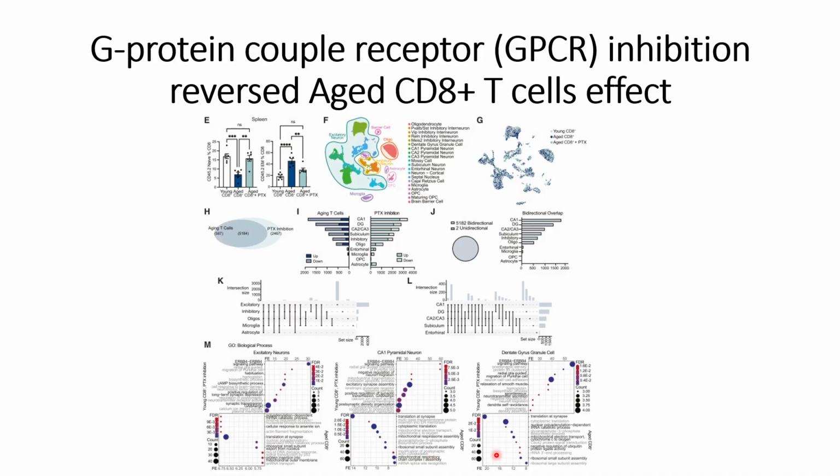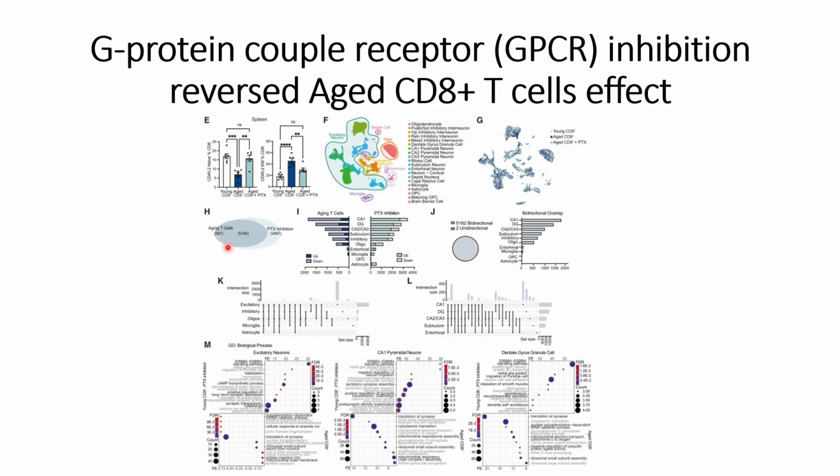And this shows that in terms of the pathways also, the G protein coupled receptors have a role, and by inhibiting the G protein coupled receptors, they are able to recover or rescue the effect caused by the aged CD8 plus T cells.